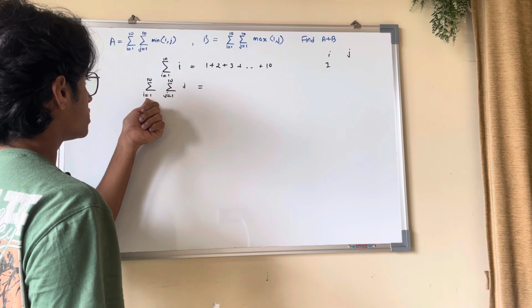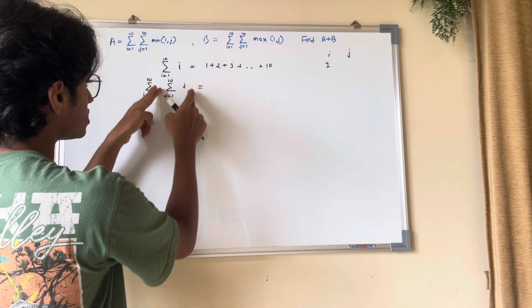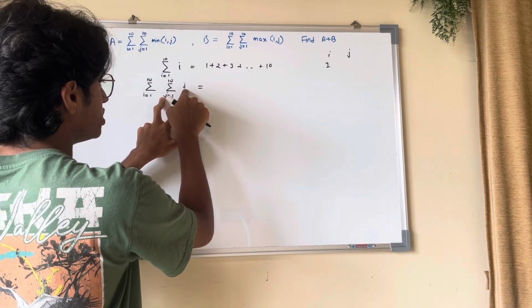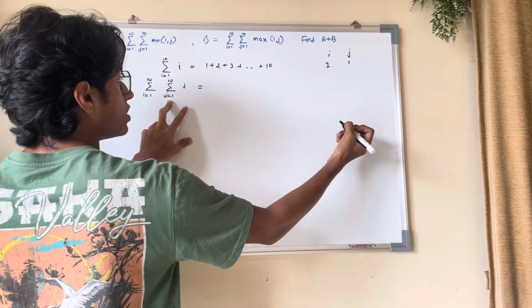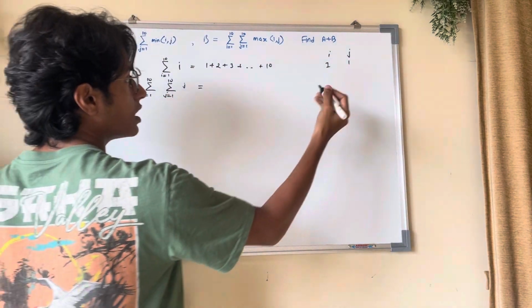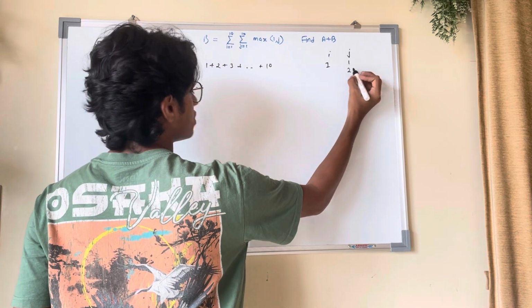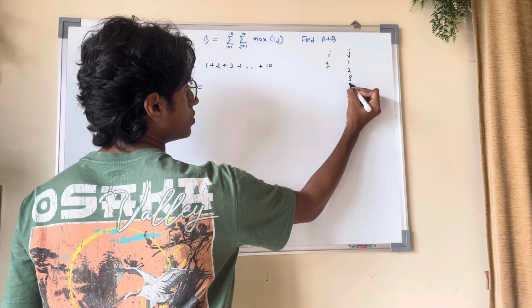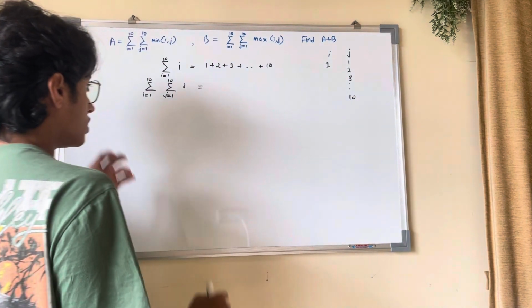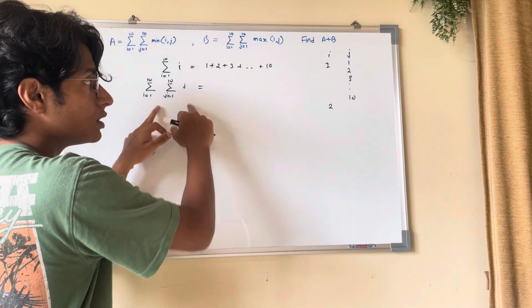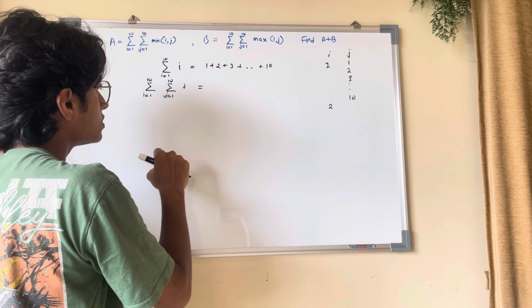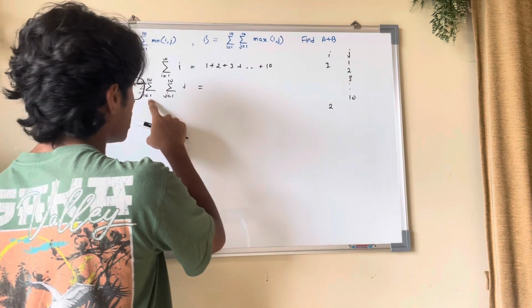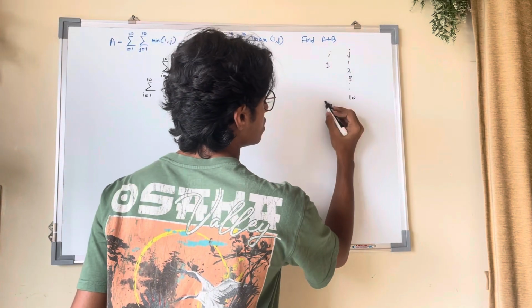When the value of i is 1, we have entered into this summation, that is sigma j. First of all, the value will be 1, then j will be getting incremented, then it will go on till 2, 3 and 10. When the inner loop is terminated, the value of i gets incremented, that is the value of i now will be 2.